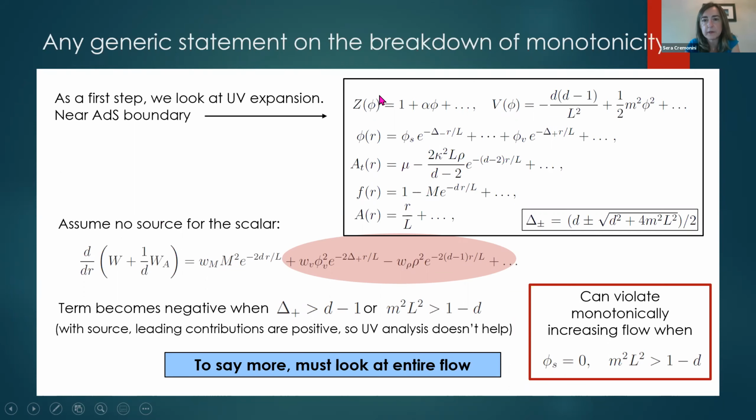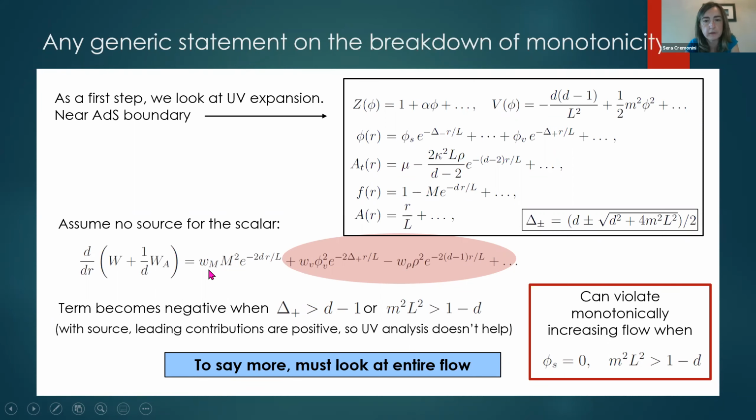Here I'm just listing the boundary expansions of the scalar, gauge field, and so on, the leading terms. The radial flow of this quantity will depend on a few bits. It turns out that the first one is subleading, so we don't need to worry about that. Essentially, we're looking at the competition between the second term and the last term, where these overall constants are positive, so we really need to ask when this term will dominate over that one.